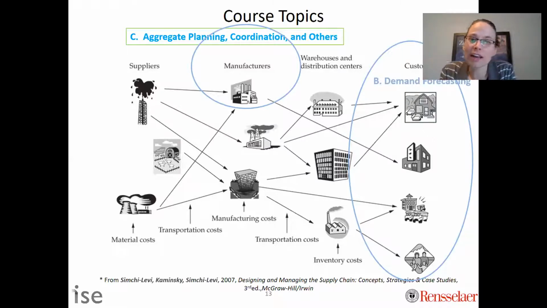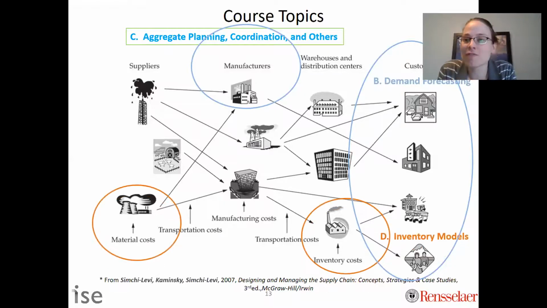We also talked a lot in that section about variability, and variability plays a huge role in all of the supply chain, and it's what makes it really challenging. We're seeing this right now with COVID-19, an extreme version of variability, where what we expected to happen, both from the demand side and the supply side, has changed radically. That's why we're seeing so many struggles and problems in the supply chain today.